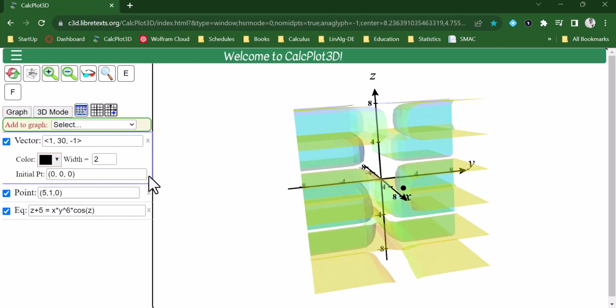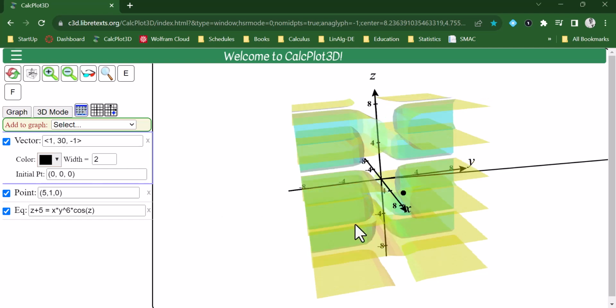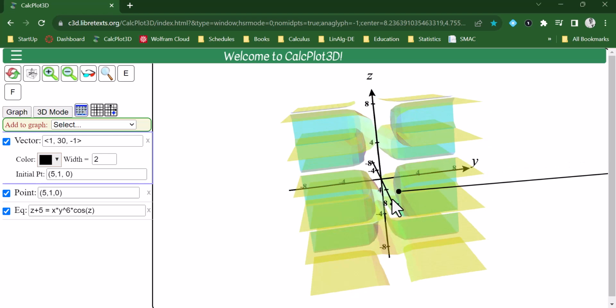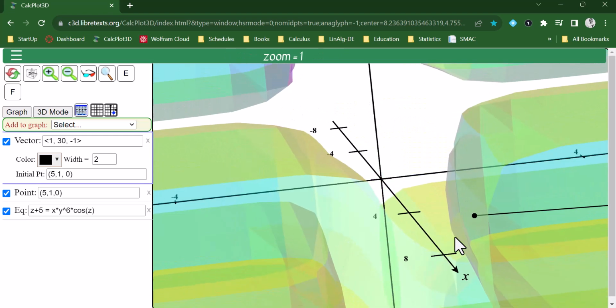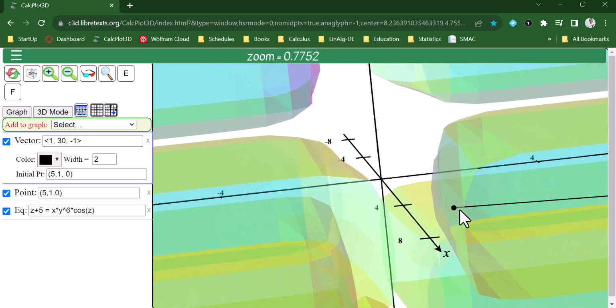And this vector is really going way out there, and it doesn't look like it'll help us unless we put it in the right spot. So let's have its tail, initial point, start at the point that we're at, which is (5, 1, 0). And it looks like that is fairly normal to the surface. Let's see, we can try to zoom in a little bit and see that it is. It looks like it could be normal to the surface.